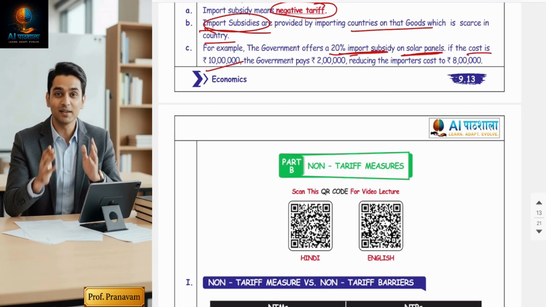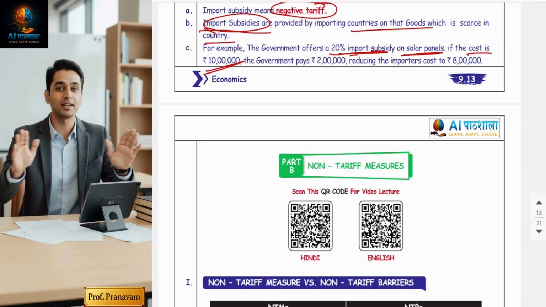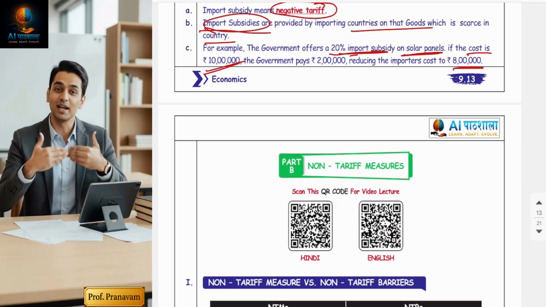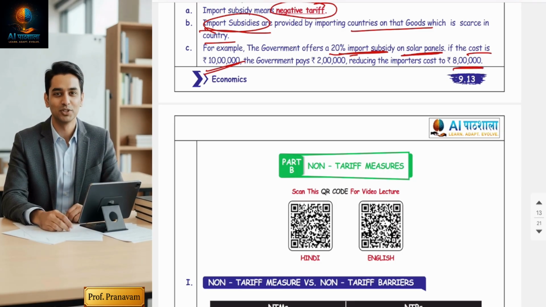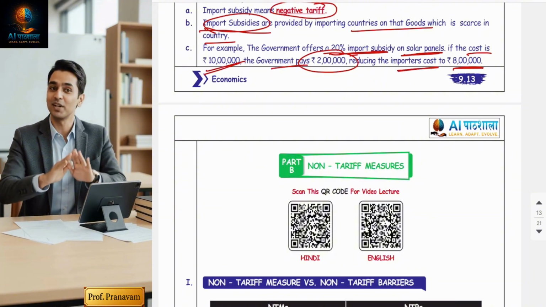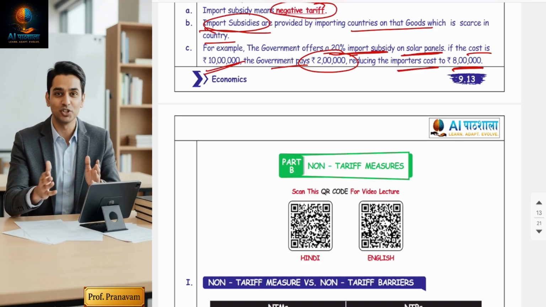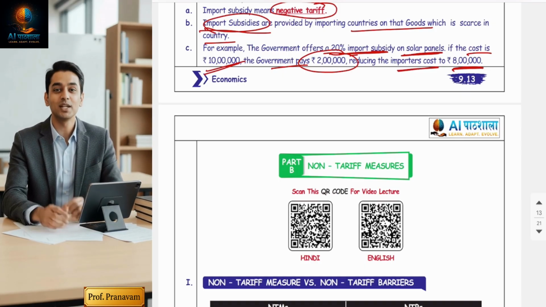If the cost of a solar panel is 10 lakh, the government will induce companies to import it at 8 lakh rupees. How? The government will pay the difference of 2 lakh, and in India that solar panel will become cheaper at 8 lakh, because the government wants solar panels to be imported into the country.